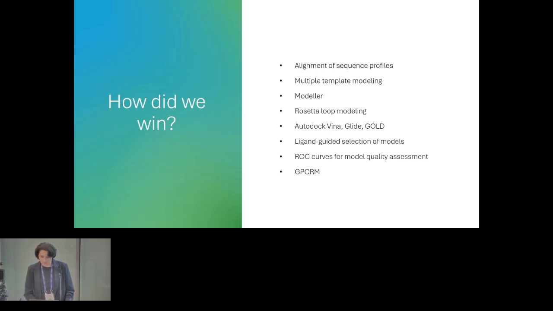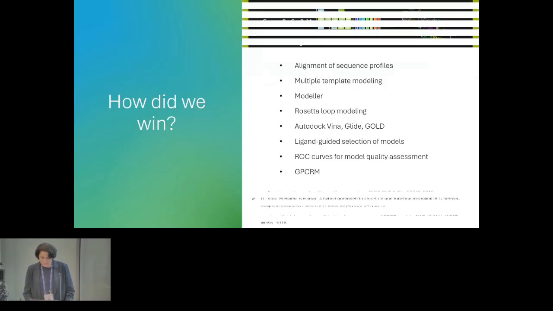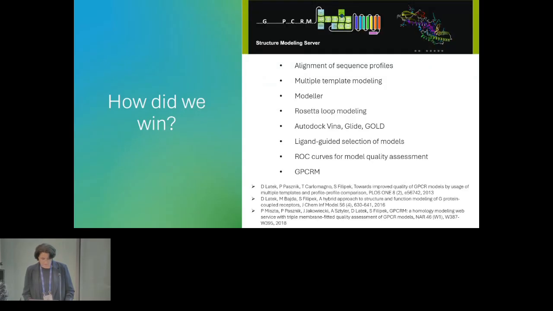Our method could be described as ligand-based selection of protein models. We used ROC curves for quality assessment of receptor models. Our method has been implemented as a web service, GPCRM.